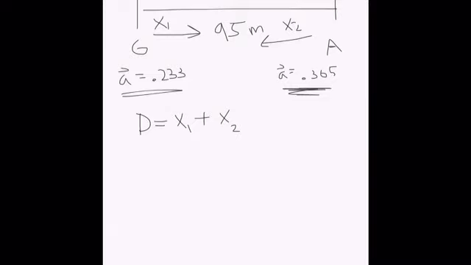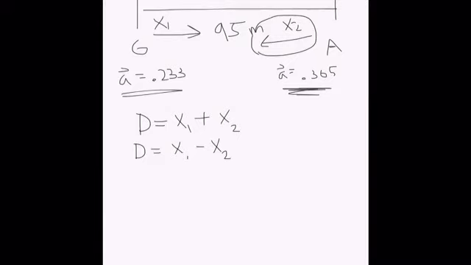Typically, we're going to call x2 negative because it's pointing to the left, and we generally like the left as negative. But you have to say one of them is negative. It won't work otherwise. So let's call x2 negative. Then our equation's actually going to look like d equals x1 minus x2.